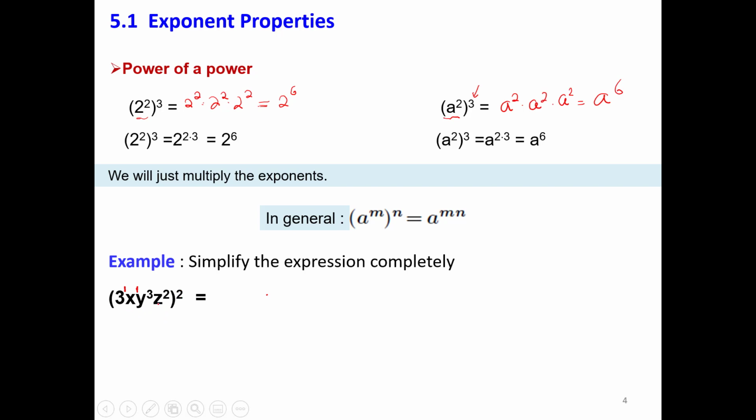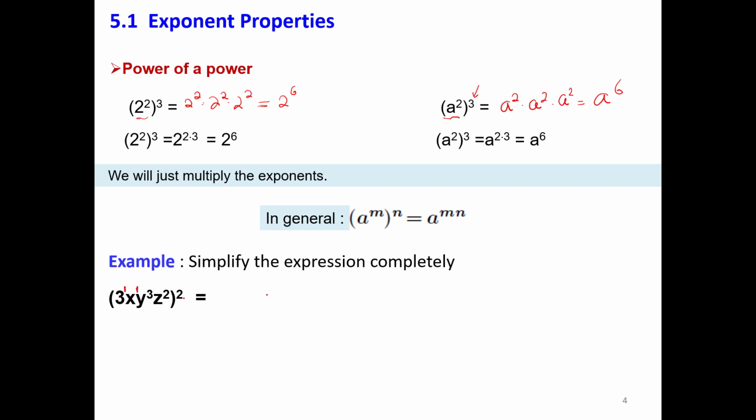It's not only the variables, we need to raise also the numbers. If the number is inside the parentheses, 3 is also to the second power. Y is also to the second power. Y to the third is also to the second power, and Z to the second is also to the second power.